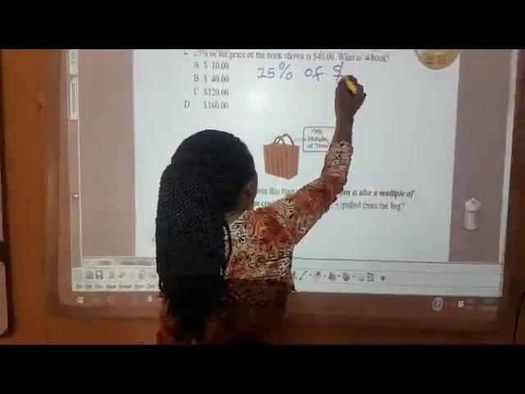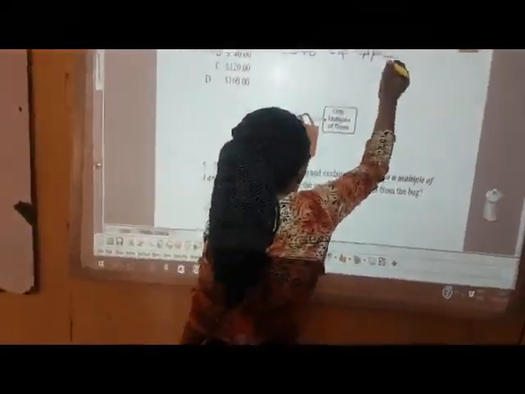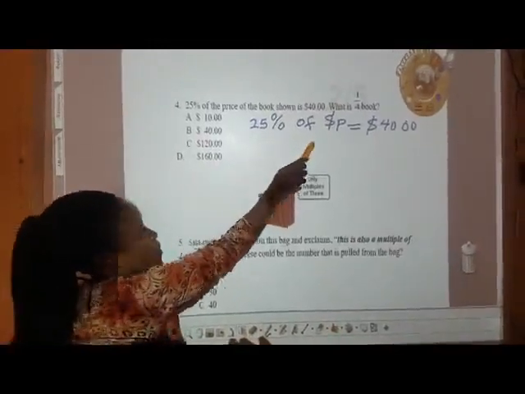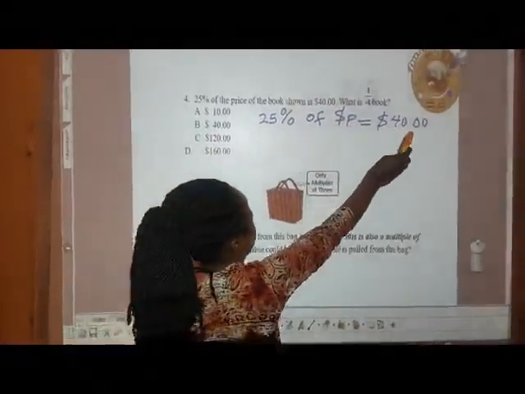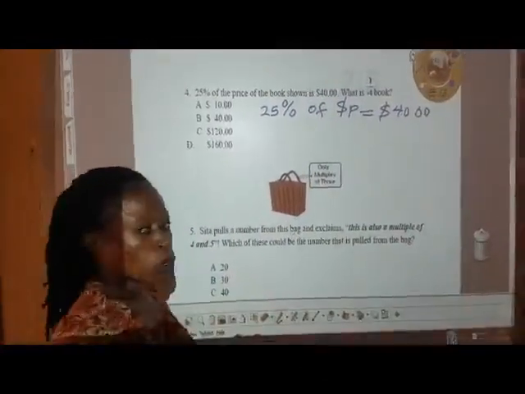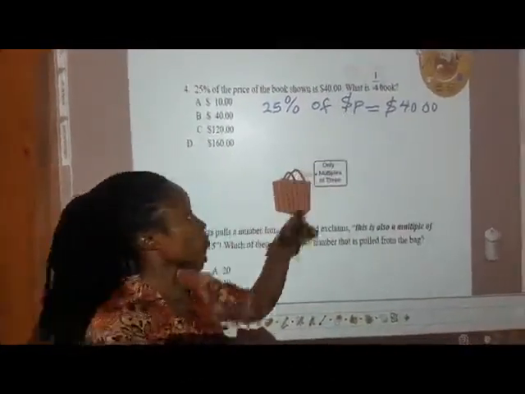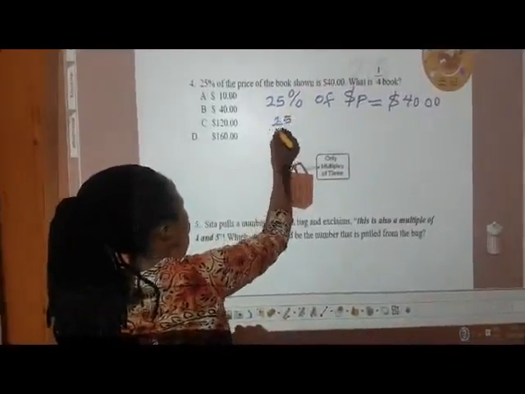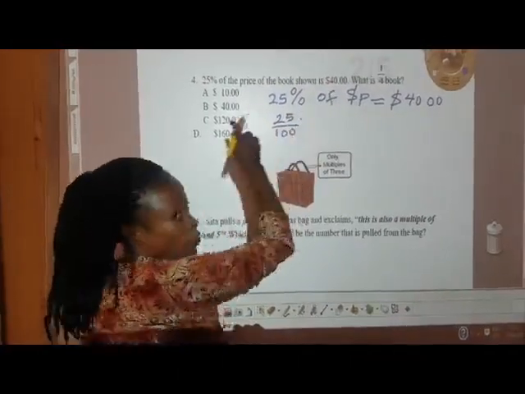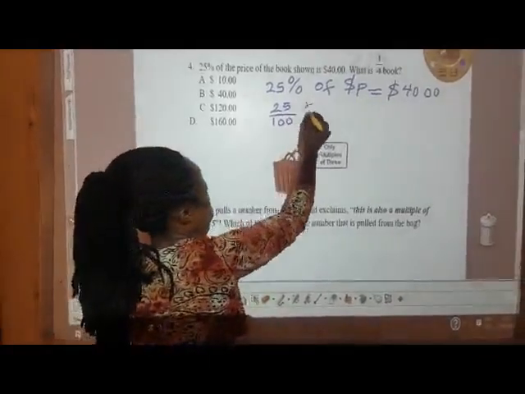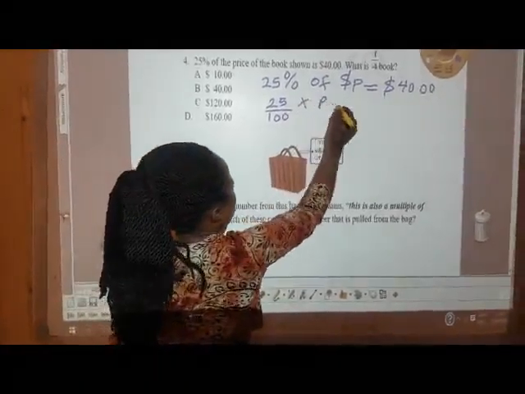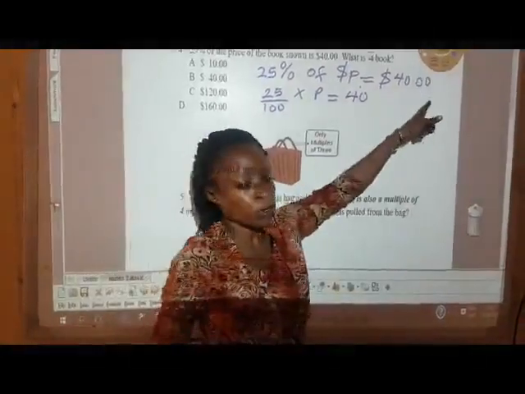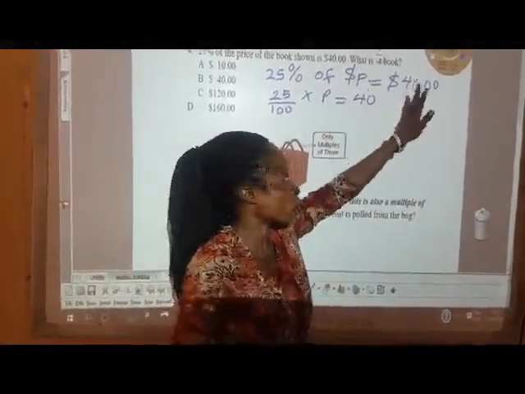Put your equals sign, so 25% of P dollars is equal to $40. We want to know what P is. You write 25% as a fraction, 25/100. Of means times P equals 40. I didn't write the decimal zeros so as not to confuse you, so just leave it like that.